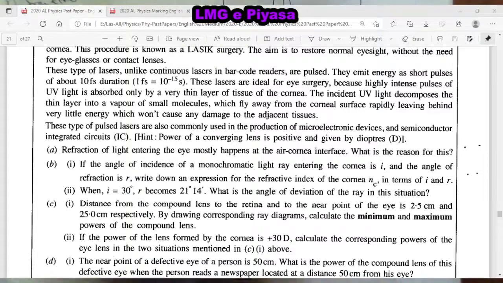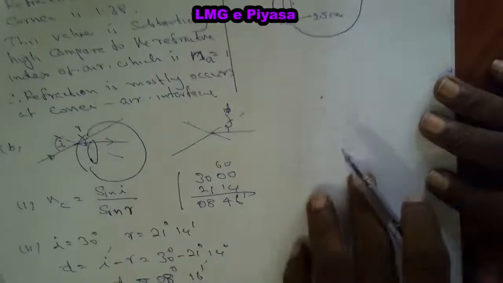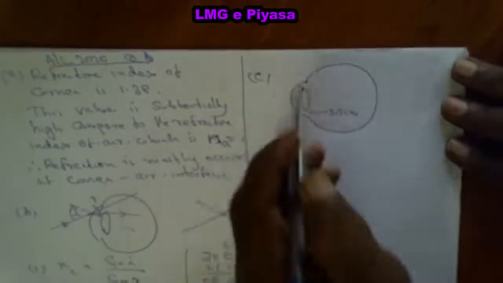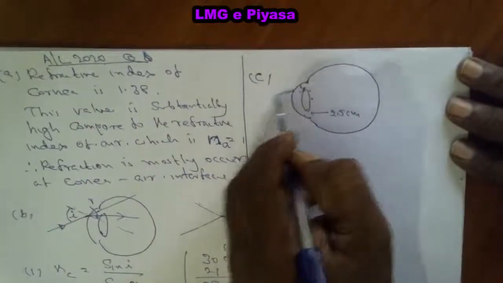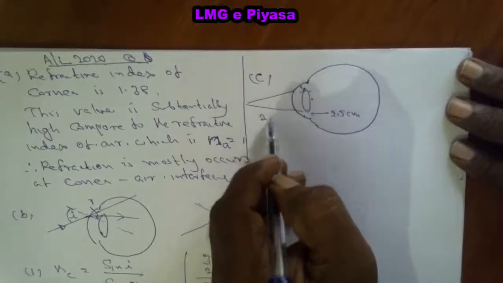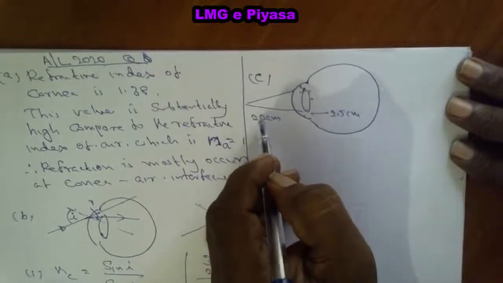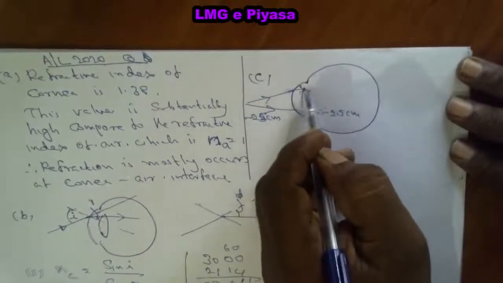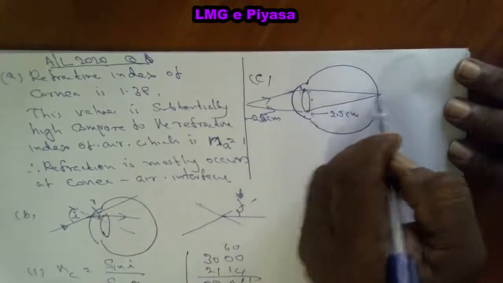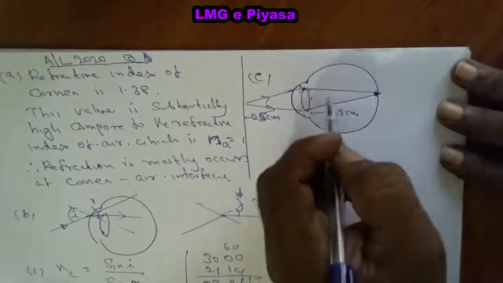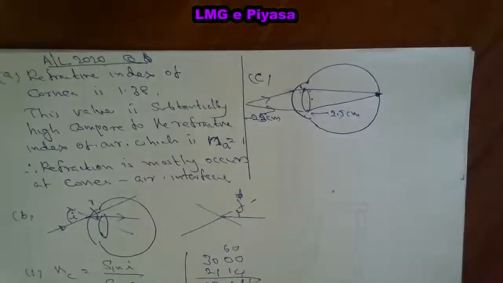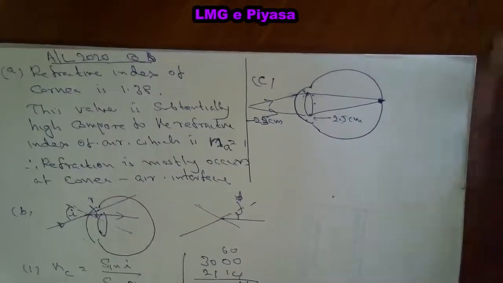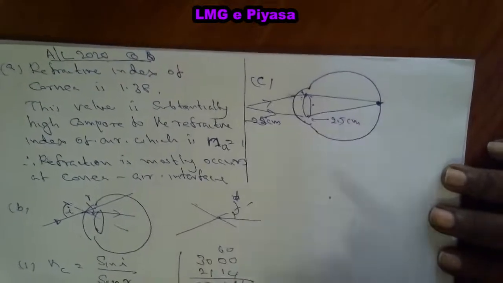Now you have to find the minimum and maximum powers of the compound lens. If you take the minimum distance, let's say the object is at 25 centimeters, the image is formed at the retina at 2.5 centimeters distance, right? In this case, the eye is not in relaxed position.